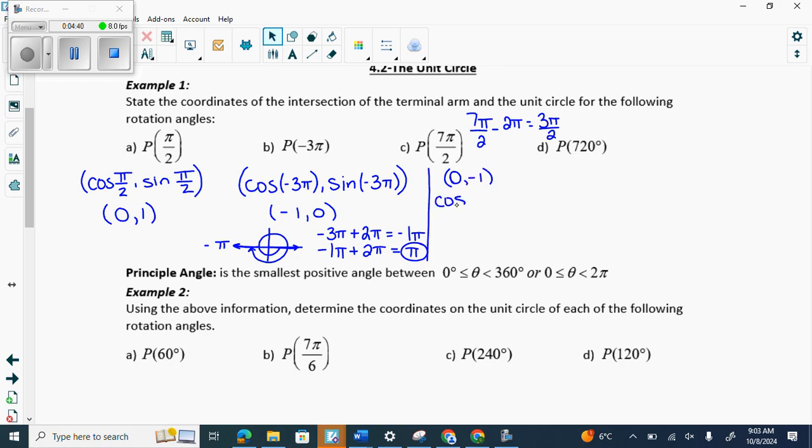I check it. I go cos of 7 pi over 2 into my calculator, comma, sine of 7 pi over 2. Make sure I'm in radian mode. And I should get 0 and negative 1. Yes? Every time. Make sure you're in radian mode.